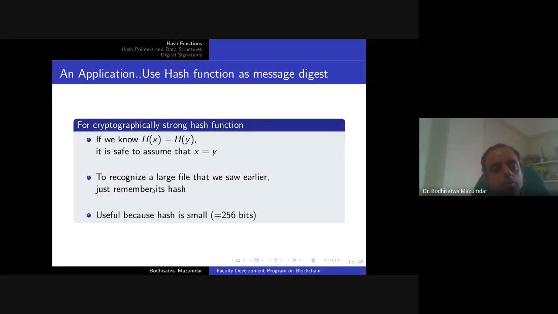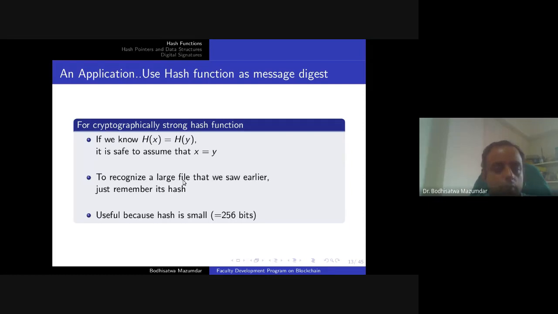To recognize a large file, as we saw earlier, we just remember its hash. In blockchain systems, whenever you store large files, you often store the hash of such files. If you want to compare the text of two large files, what is often done is that each large file is hashed, and you match the hash values.